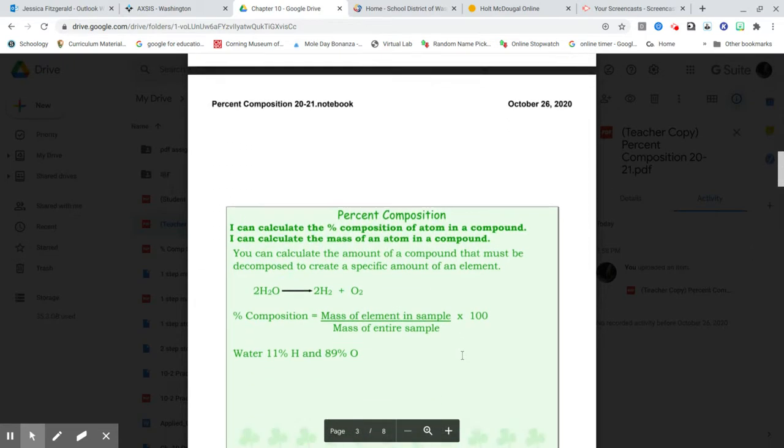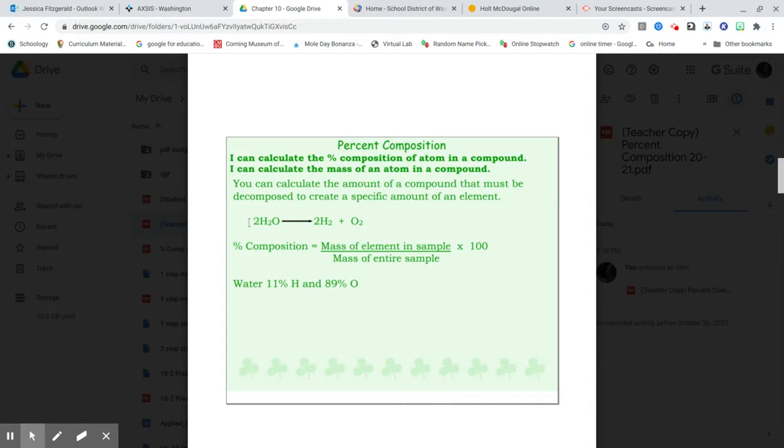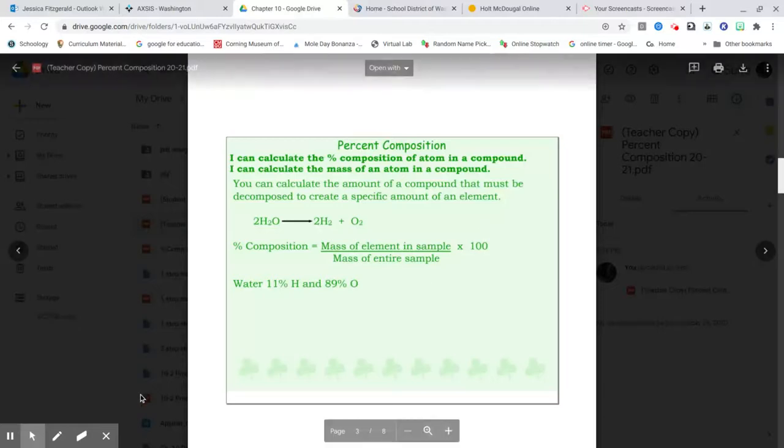So percent composition is the formula we're going to work with first, and this is the formula for percent composition. I will give it to you so you don't have to worry about memorizing it. The formula is going to be the mass of your element sample divided by the entire sample mass times 100.